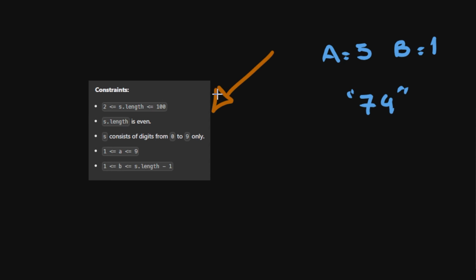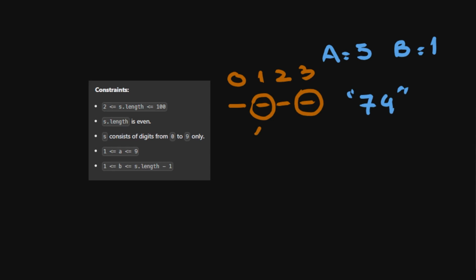Here we have the constraints, and these are the key for this problem. The question here is how many different strings can we build in the worst case as a maximum. And for this we can have some number with 4 digits. Let's say this is index 0, this is 1, this is 2, this is 3. And for the first operation we can get 10 different strings. Okay, why 10?